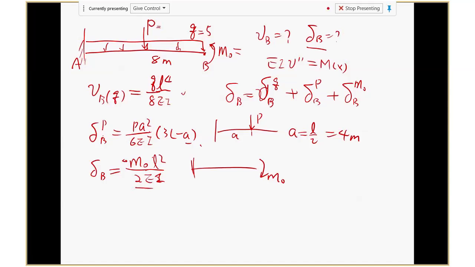So the delta is the actual absolute value. They say this point is going to move down, delta. So that's the distance. So yes, if you use the V equation to calculate, it will show up as a negative value. If you use a delta B equation to calculate, it will show up as a positive value. So that's it.